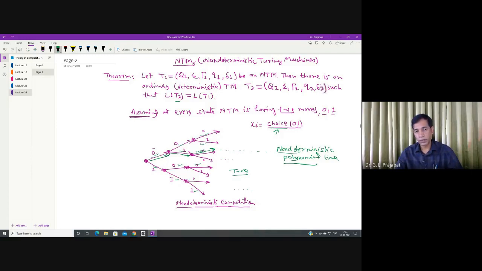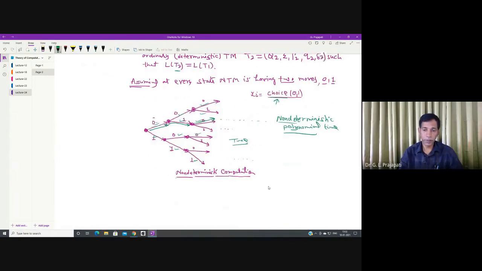With the help of this theorem, we come to know that you are not able to add power to the basic Turing machine. The power of the NTM and the power of the basic Turing machine remain the same. Whereas we have seen in the case of PDA, for the language of palindromes, we don't have a deterministic PDA.